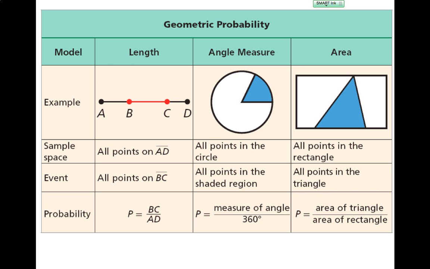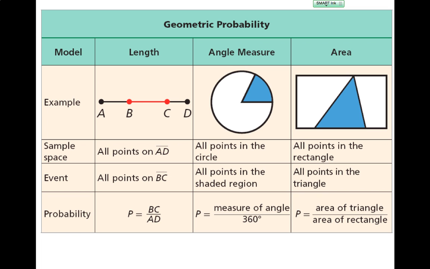So the angle measure idea in probability, if we want to find the probability of something being in the blue shaded region out of the circle, instead of just doing area, we could find the degrees of this central angle for that blue section, compared to the degrees of a whole circle, which would be 360 degrees. That's probably just a little bit easier than doing this one in the area model. So it would be comparing the central angle to 360.